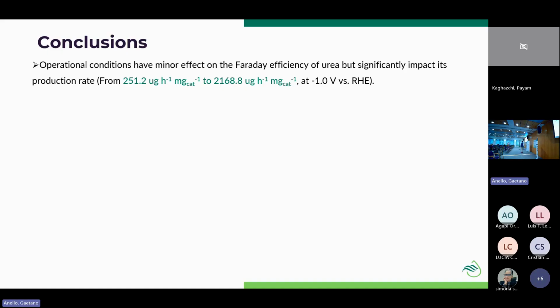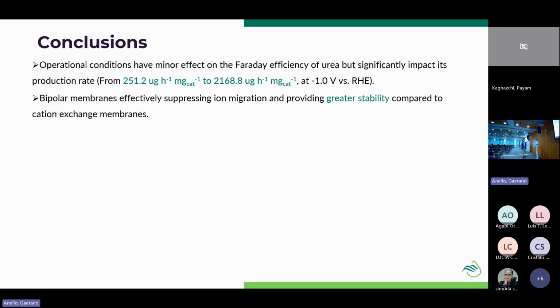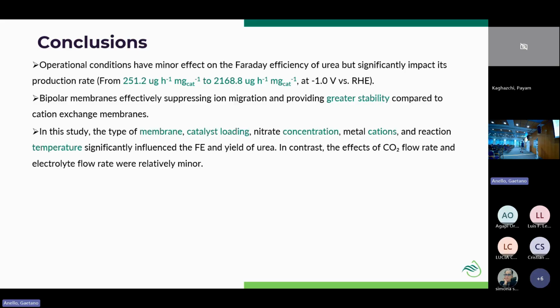We go max to like 8-9% Faraday efficiency to urea on a commercial crop-based system. We see the bipolar membranes are the best system, right? Because they allow for stable operation. We see also that catalyst loading, nitrate concentration, and the metal cathodes do affect, but the effects are relatively minor.